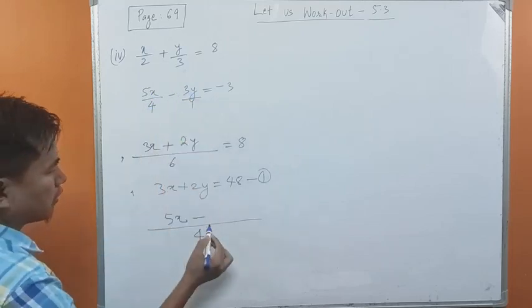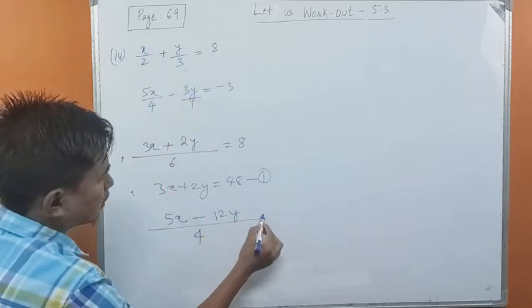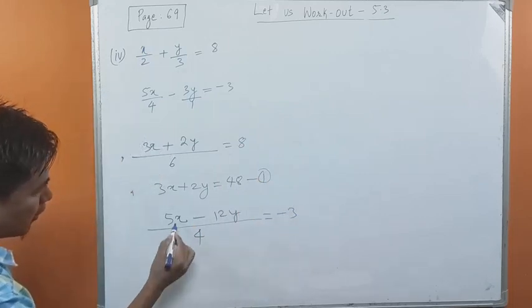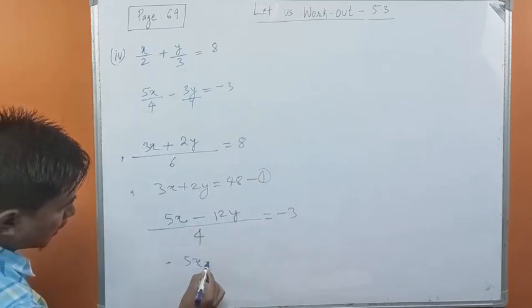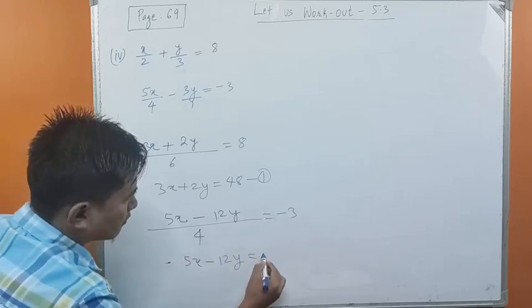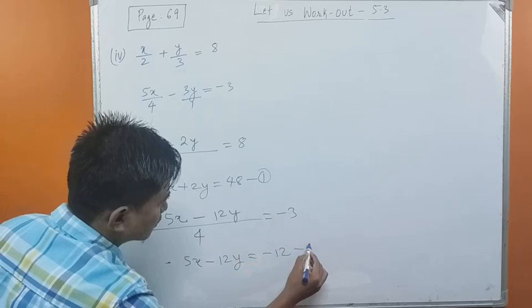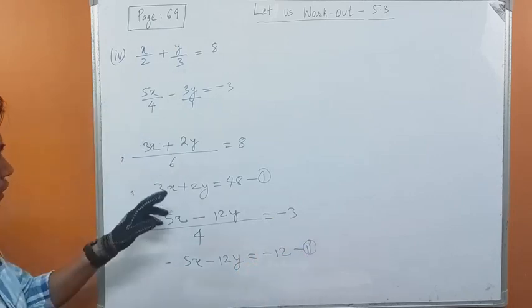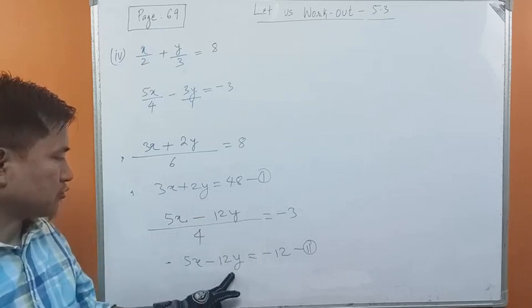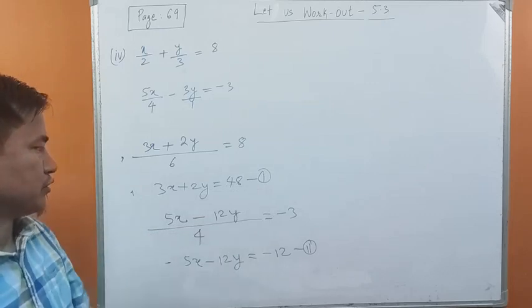So 4 into 3y, 12y, equal to minus 3. Now we have 5x minus 12y equal to 4 3s are 12, minus 12. This is equation 2. So we have 3x plus 2y equals 48, equation 1, and 5x minus 12y equals minus 12, equation 2.